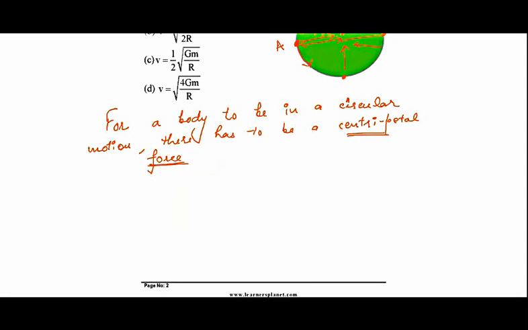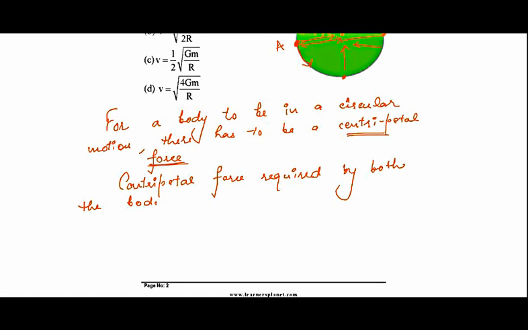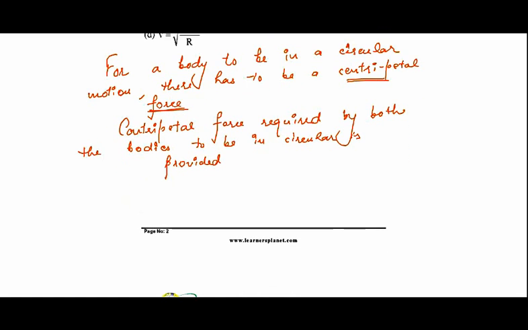So the centripetal force required for both the bodies to be in circular motion is provided by, yes friends, as you have got it, the mutual gravitational force.